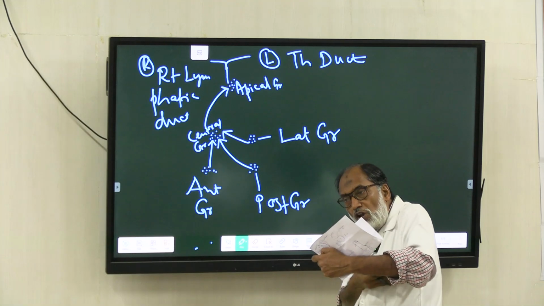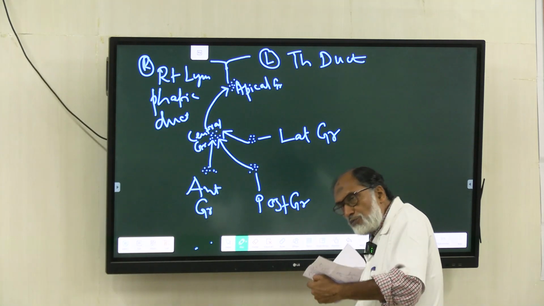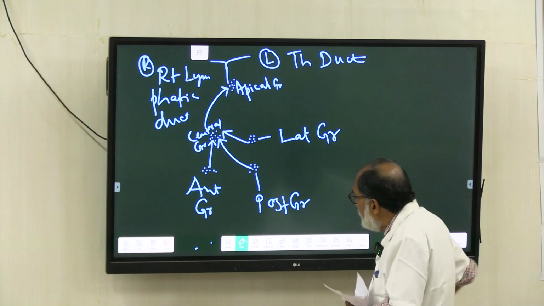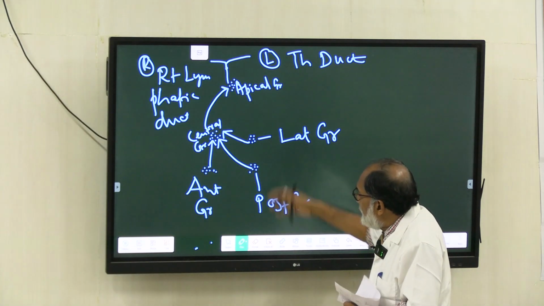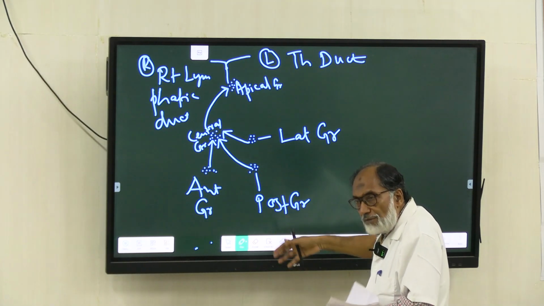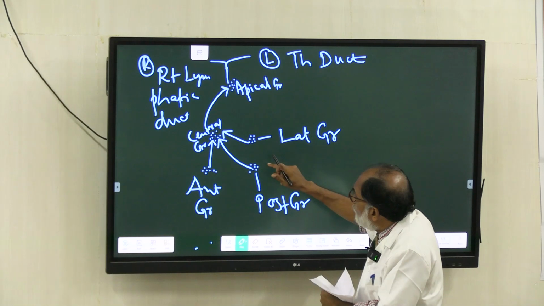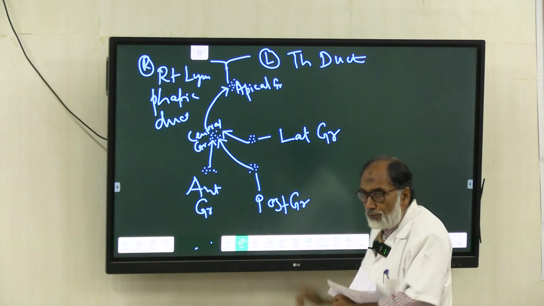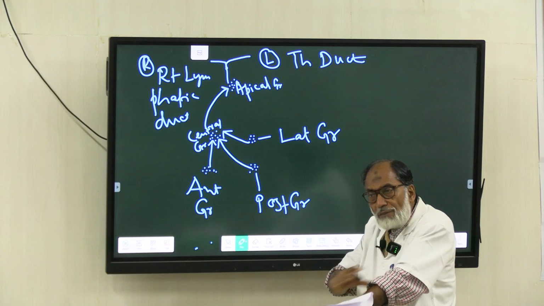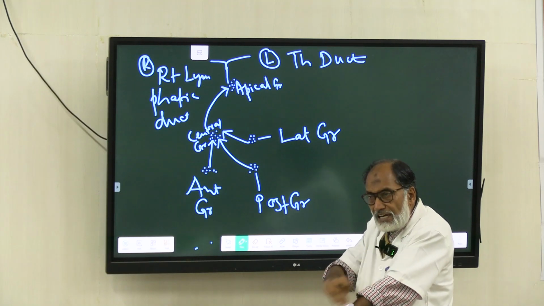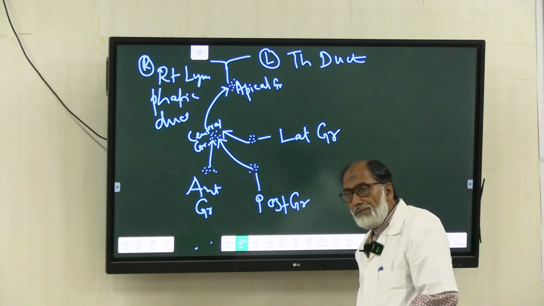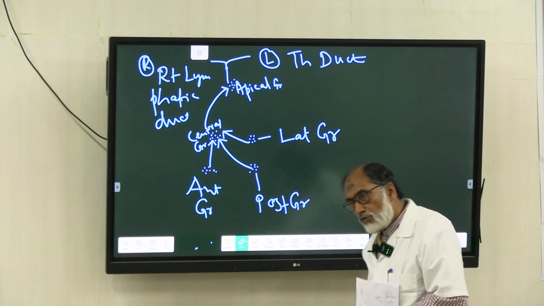It is the posterior wall of the axilla as well as the posterior chest wall up to the iliac crest. The afferent vessels will come from there. Now, efferent will go to the central. This is the lateral group. The lateral group drains the whole of the upper limb except the lateral aspect, and it will drain into the central group.